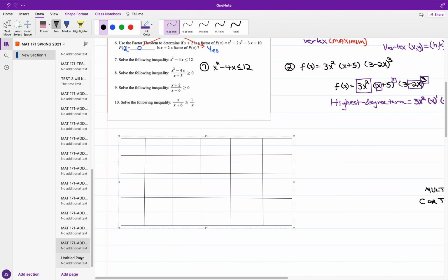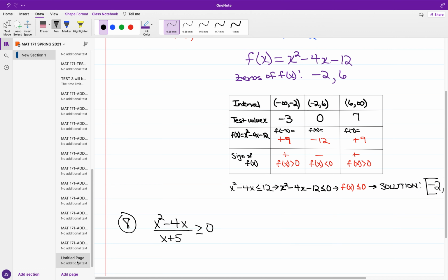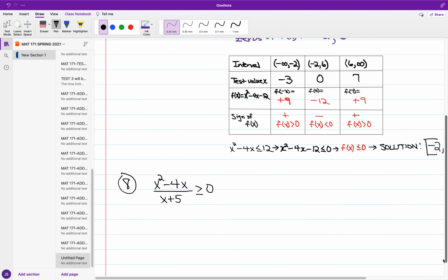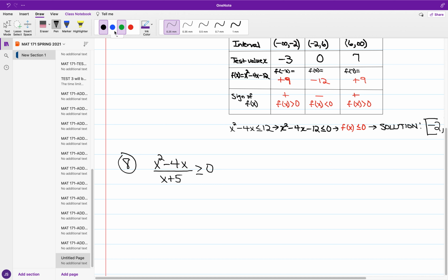Okay. x squared minus 4x over x plus 5 is greater than or equal to 0. For this particular inequality, this is already in comparison to 0 terms. So we have r of x is greater than or equal to 0.